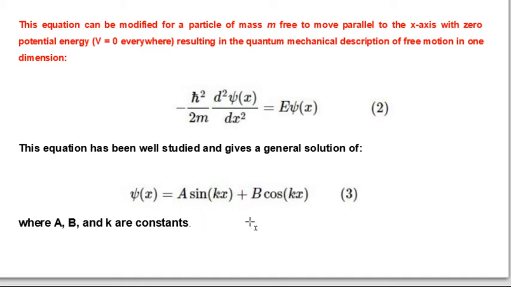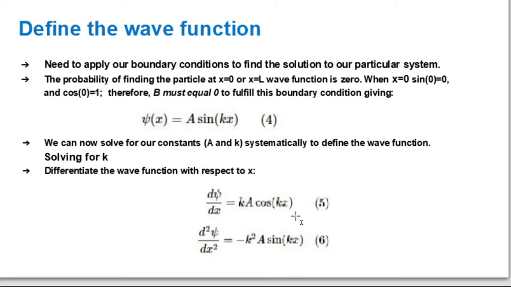Sin kx, x is 0, that means sin 0 will be 0, so this term also becomes equal to 0. But cos kx, cos 0 is 1, so the second term becomes b. So that simply means 0 is equal to b, or the constant b is equal to 0.